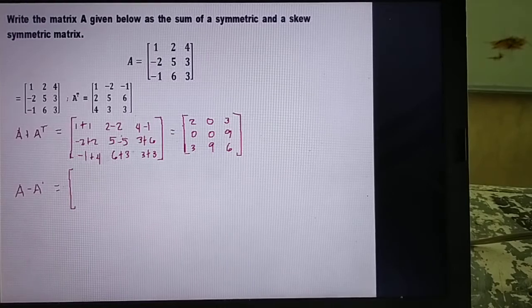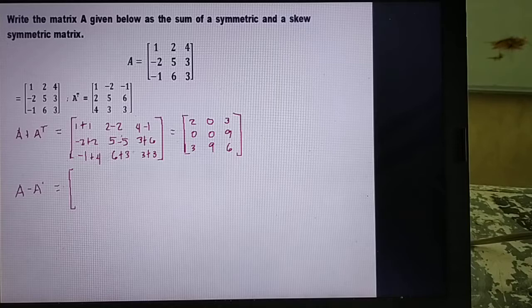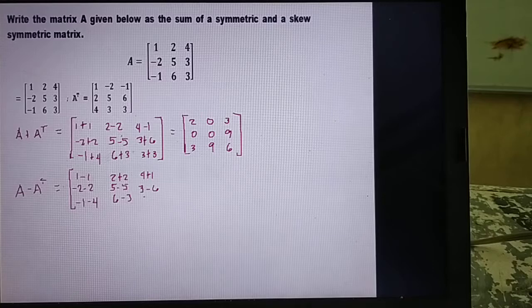Okay, so let us subtract the transpose from the original matrix. So 1 minus 1, then 2 minus negative 2, that is positive 4, then 4 minus negative 1, positive 5, then negative 2 minus 2, 5 minus 5, and 3 minus 6, negative 1 minus 4, 6 minus 3, and 3 minus 3.